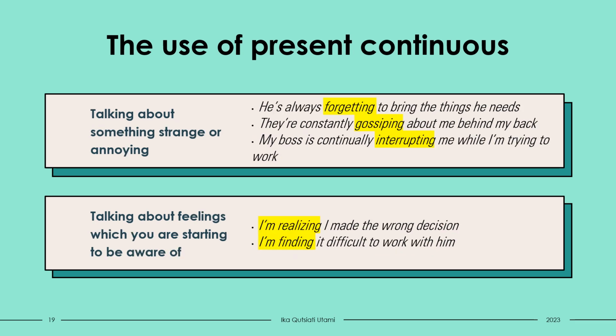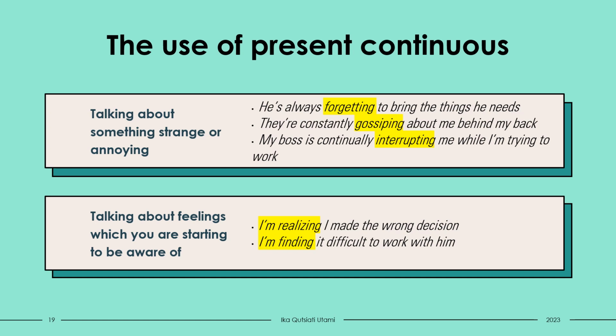And next, talking about something strange or annoying. Now we are getting to more specialized, less common uses of the present continuous. Using the present continuous together with adverbs like always, constantly, or continually can show that you find a repeated action annoying or strange.